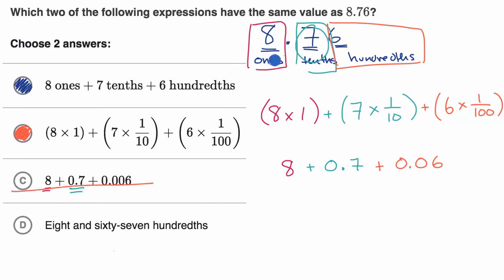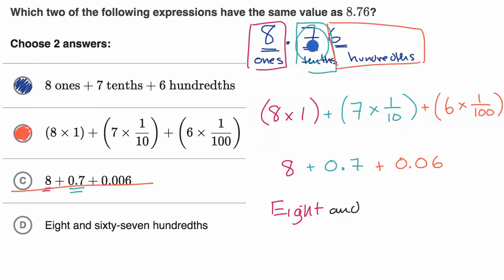And then if we were to write it out in words, we would say this is 8, and I'll do "and" in a neutral color. Now, you might say and 7 tenths and 6 hundredths. Or what's normally done is you express it in the lowest place that you have, or the most precise place that you have.